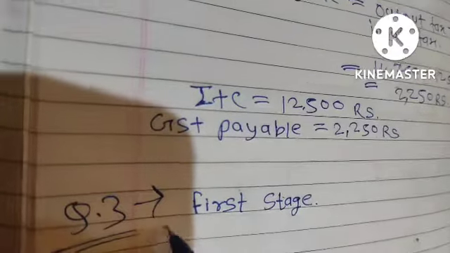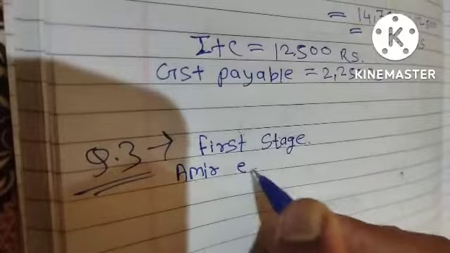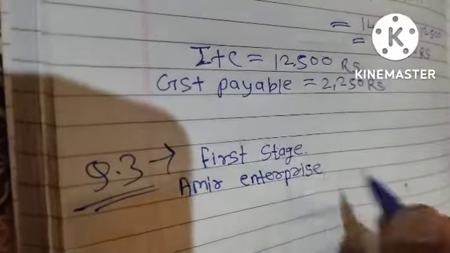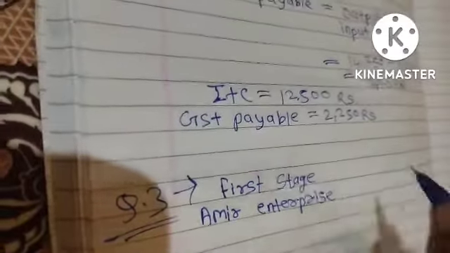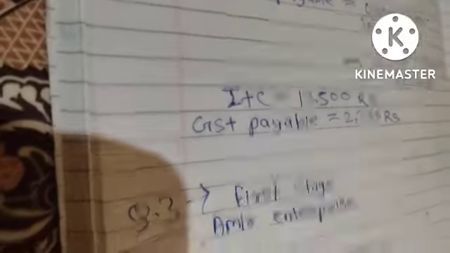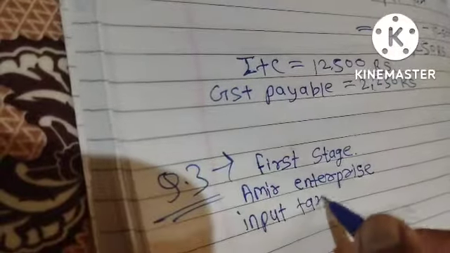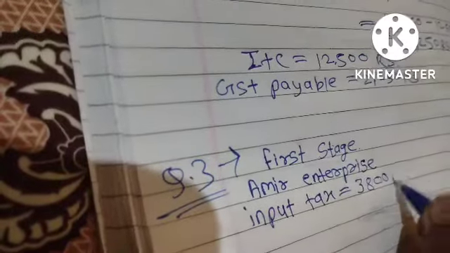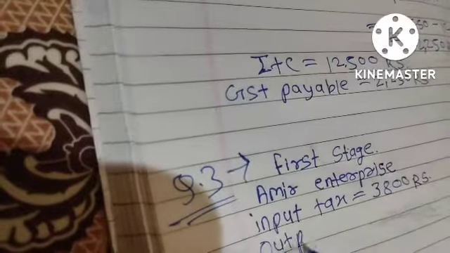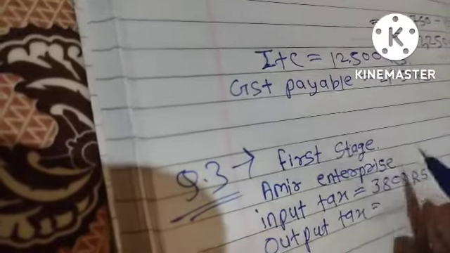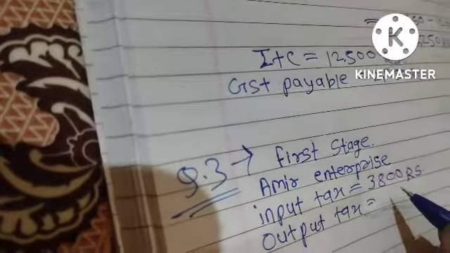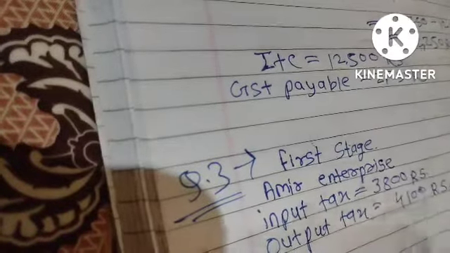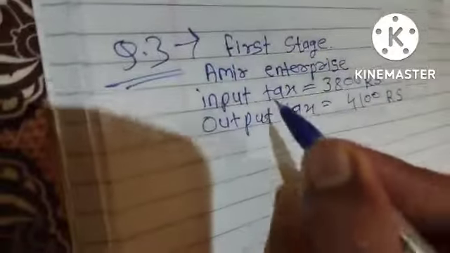So for Amir Enterprises, the input tax is 3,800 rupees. What is the output tax? Output tax is 4,100 rupees. So for this stage, the input tax and output tax are here.